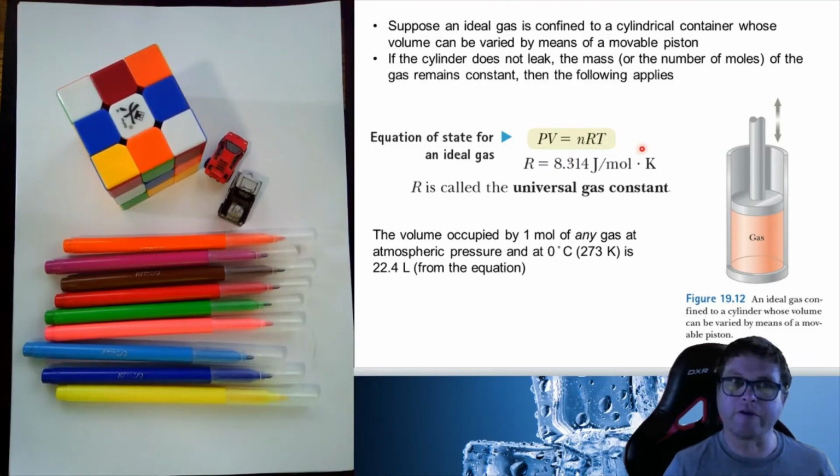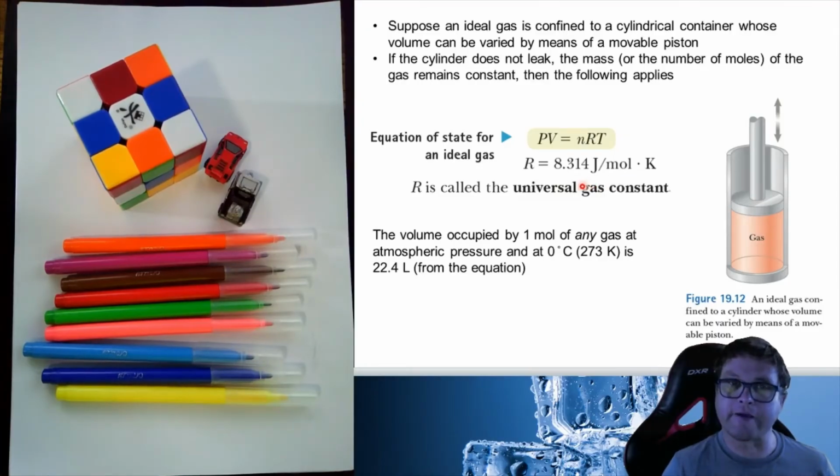And then we have the following equation applying. The pressure of the gas times the volume of the gas is equal to the number of moles that we have times R times the temperature. R is what's called the universal gas constant, and it's given by this value here.